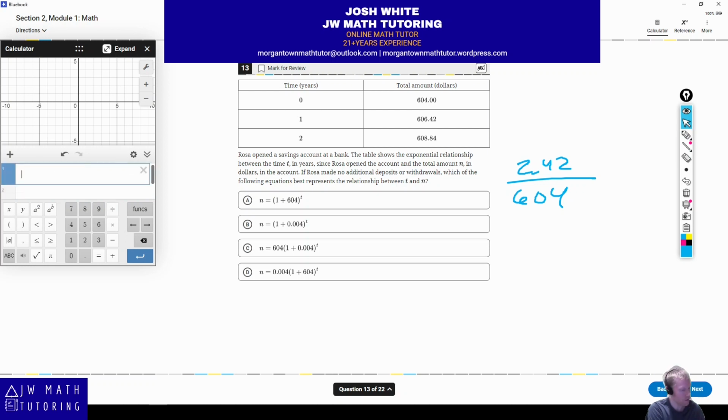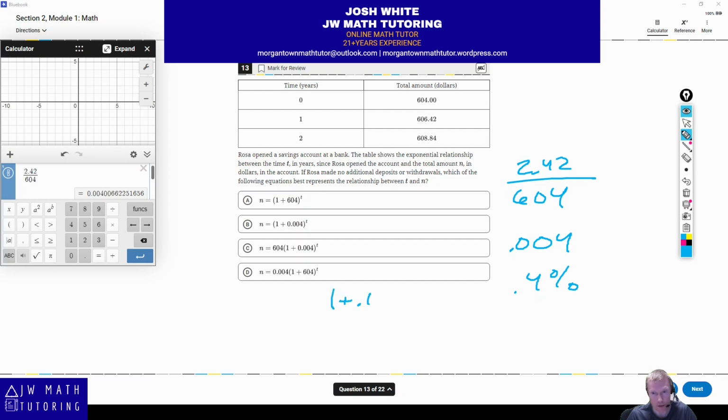Okay, it's 0.004. So that tells us that basically the interest rate earned here is going to be 0.004, or technically it's like 0.4%. So that tells us that for an exponential equation, we're going to be looking at 1 plus 0.004 inside the parentheses, because the general way that an exponential equation is set up, it's like 1 plus r.